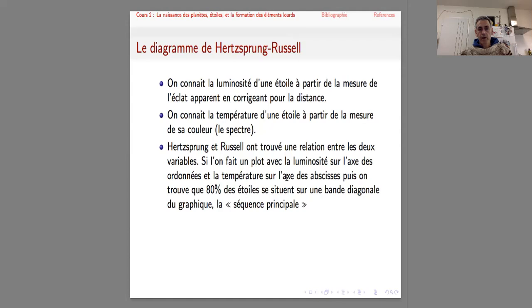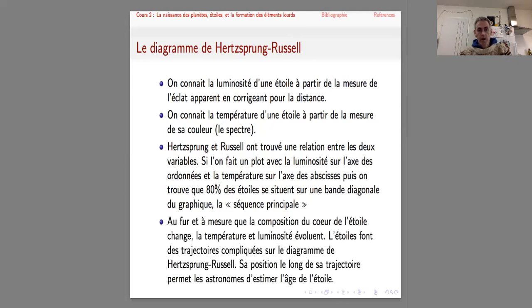The convention now is to plot the luminosity on the vertical axis and the temperature on the horizontal axis. When you do that, you find that most stars, 4 out of 5, or 80% of the stars, fall on this sort of diagonal line, which we call the main sequence. This is the main sequence we've been referring to earlier.